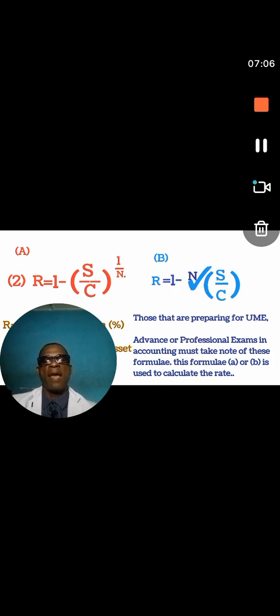Now, formula A and formula B, the one in orange and the one in blue, are the same. That is to say, the nth root in formula B is the same thing as S over C raised to power 1 over n.